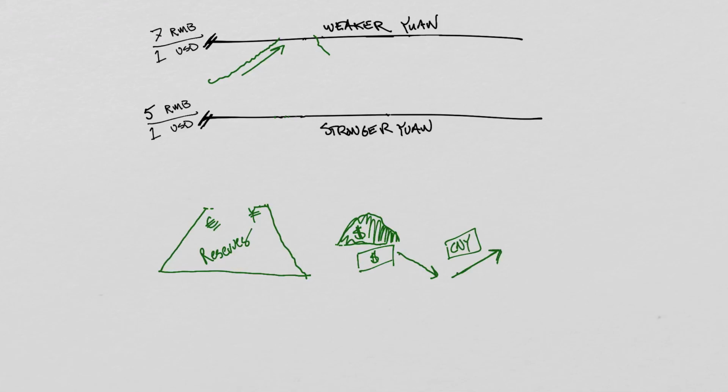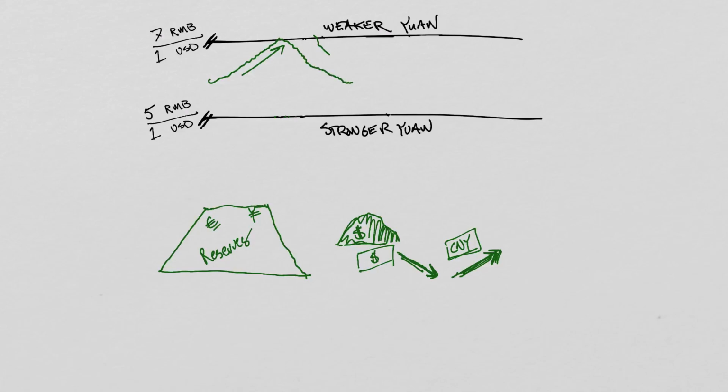If they do this in a big enough quantity, the value of the dollar will fall, and the value of the yuan, the currency they're buying, will rise. They will bring this back, in other words, to a region where the yuan is stronger.